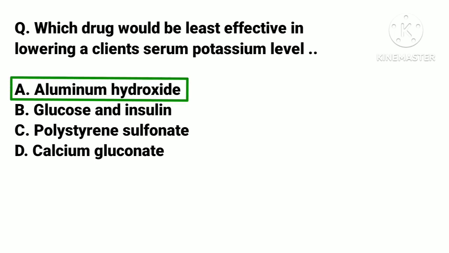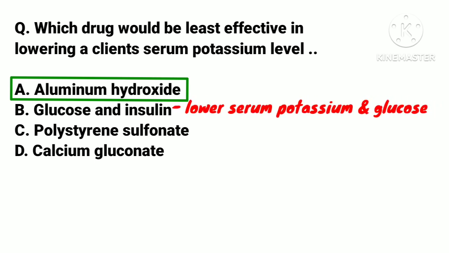Aluminum hydroxide. In option B, insulin decreases serum potassium level, but it also causes low glucose level. So insulin is given along with glucose. Insulin decreases the serum potassium level by shifting potassium from plasma into cells.